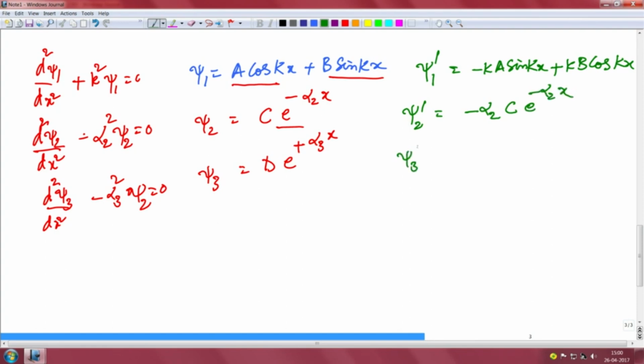Similarly, the psi 3 derivative is alpha 3 D e power alpha 3 x. Our goal is to find the arbitrary constants A, B, C and D, and also the propagation constant beta, which is embedded in all these constants. So, let us apply the boundary conditions.